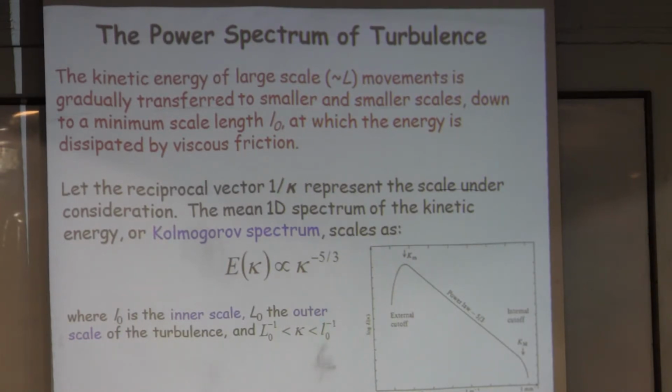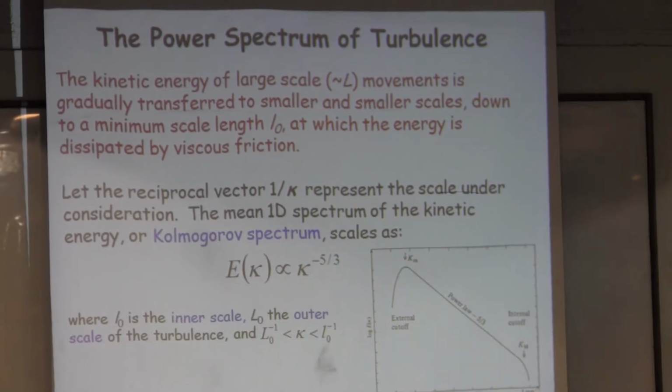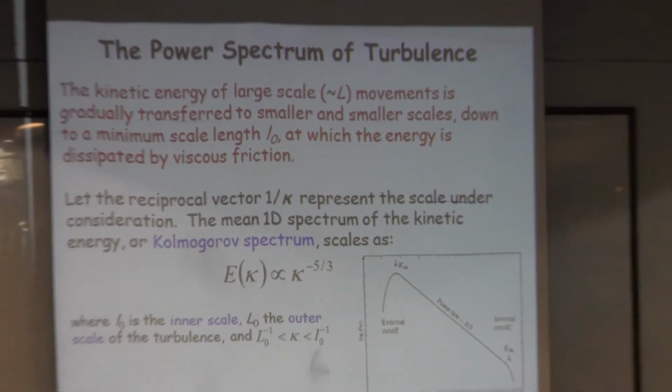And what it means is that the kinetic energy of large-scale movements, so your 15 meters sort of, is then gradually transferred to smaller and smaller scales. It's not like you have big turbulence at 15 meters and that's the only thing. You have, that's sort of the outer scale, as it's called. And then you have smaller and smaller scale sizes of this turbulence, down to minimum scale lengths. And at minimum means that if it's below that, the energy is simply dissipated into heat, essentially, by friction.